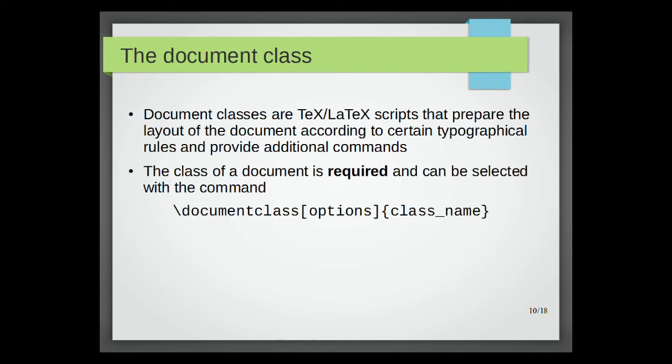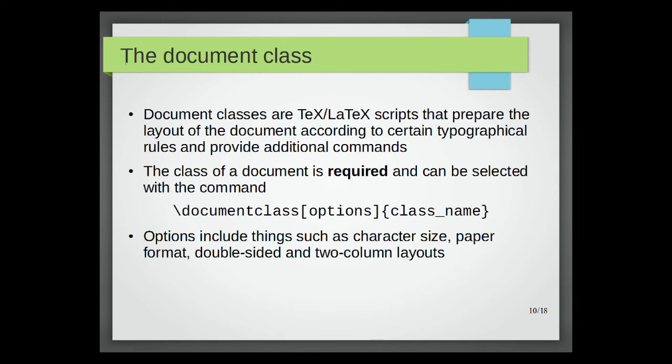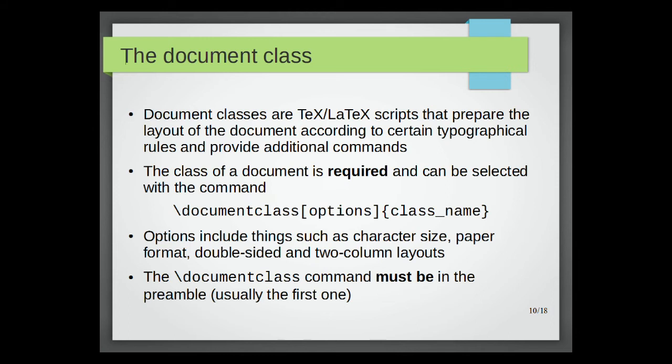The class of a document is absolutely required, and it can be selected with the command \documentclass and the usual options and the class name. Options include things such as character size, paper format, whether the document should be double-sided or have a 2-column layout. The document class command must be in the preamble, and it is usually the first one in a document.